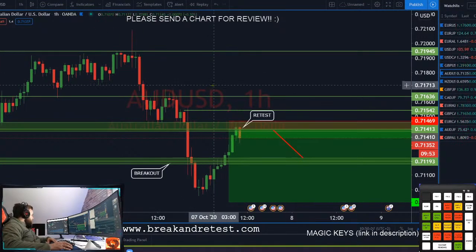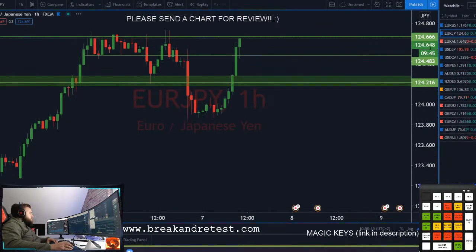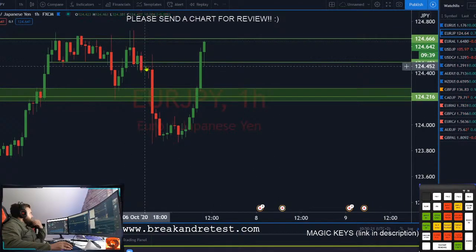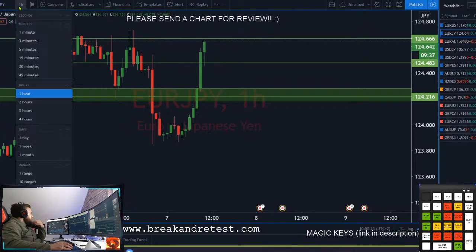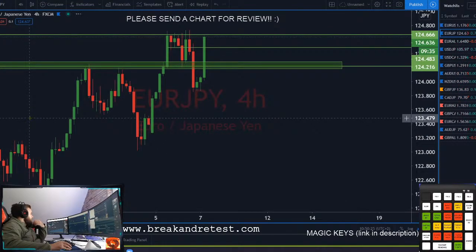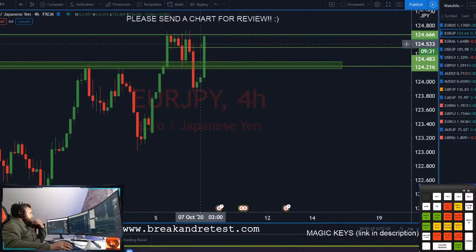I think we can get a break on EJ today. Yeah, take a look at the 4 hour. Hopefully, above. Yeah, we might get one. It did also respect this zone. Pretty good. Wow, look at this 4 hour. Imagine if the 4 hour closes above.